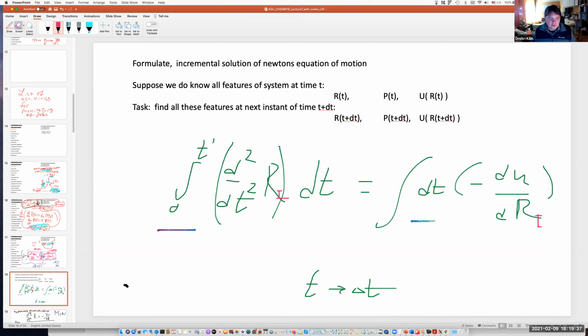There is a little difficulty, which is not big, but objective. We do not know predominantly what this potential energy surface is. It can be anything. And we want to find a way to solve this equation numerically instead of integrating.